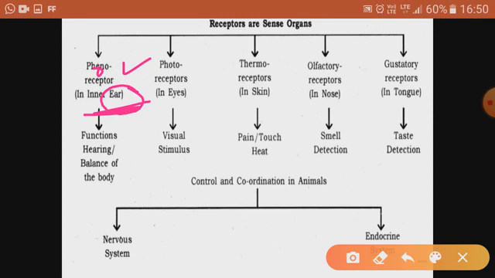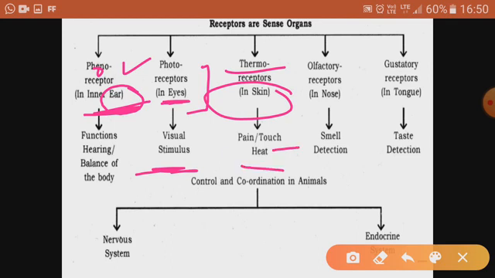Then the next receptor is the photoreceptor to receive the visual stimulus, light, and this is present in which sense organ? Eyes. Then we have thermoreceptors, which are present over the skin. On the skin we can get the feeling of touch, heat, coldness, pain, etc. So they are called thermoreceptors.